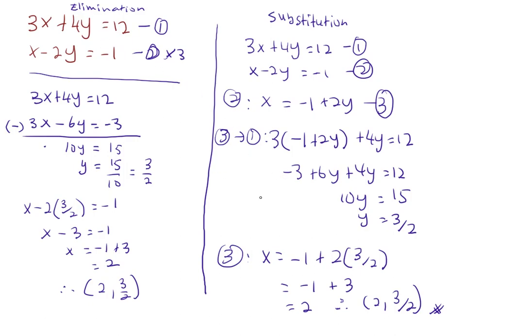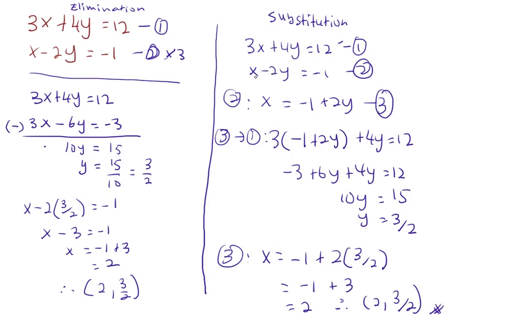So you can also check your answer. Let's say we have x equals 2 and y equals 3 over 2. You can substitute back into the equation. So 3 times 2, 6, plus 4 times 3 over 2 equals 6. 6 plus 6 equals 12. So valid.